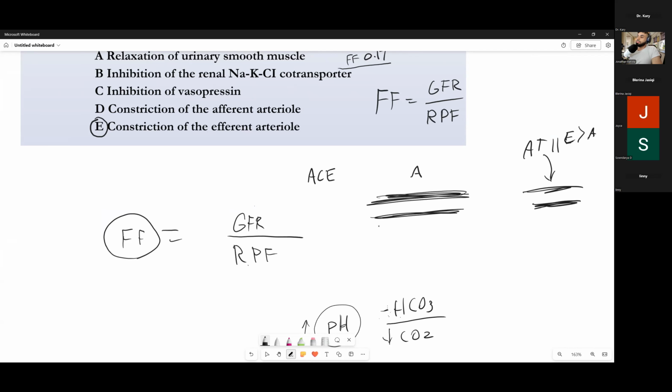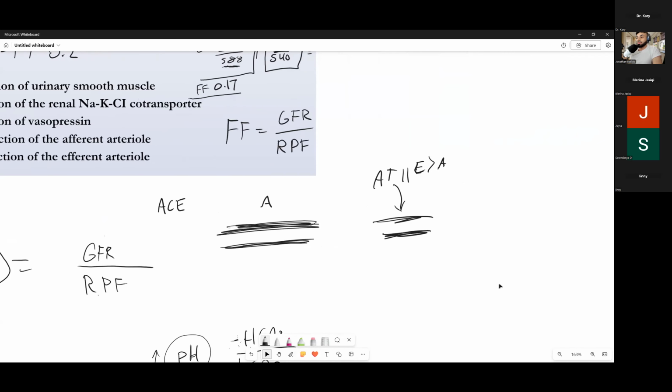We understand that. ACE inhibitor will eliminate angiotensin 2. You won't be able to make it. So therefore, instead of constriction of the efferent, you'll have more dilation. So ACE inhibitor will dilate the efferent arteries. Yeah, you are right there. Does that make sense?